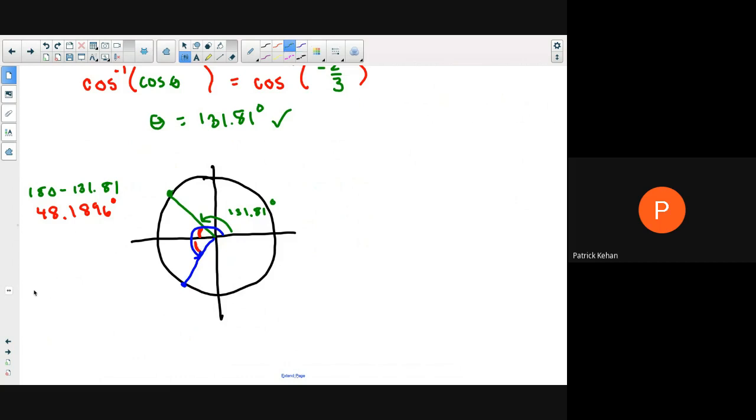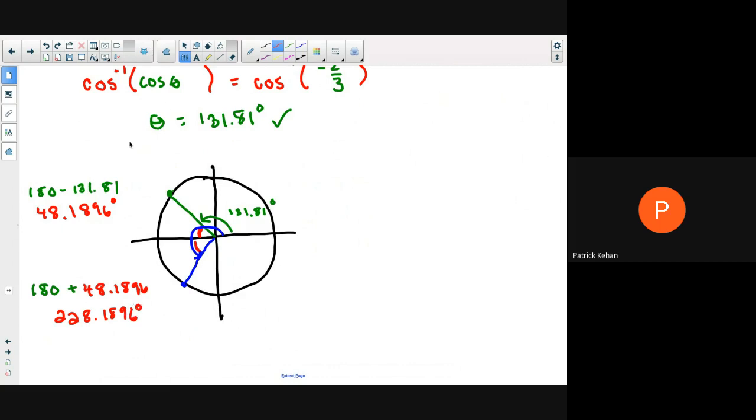So I can add 48 degrees to 180 degrees, and that'll give me my third quadrant angle. So 180 plus 48.1896 on my calculator. And that's going to give me 228.18968 degrees. We're rounding to the tenths place.